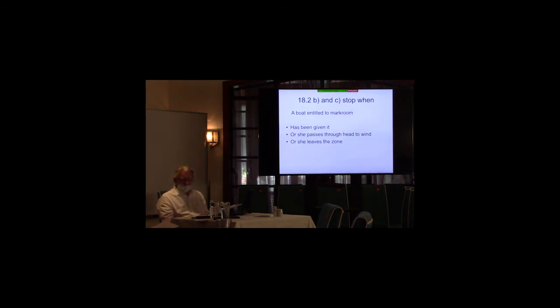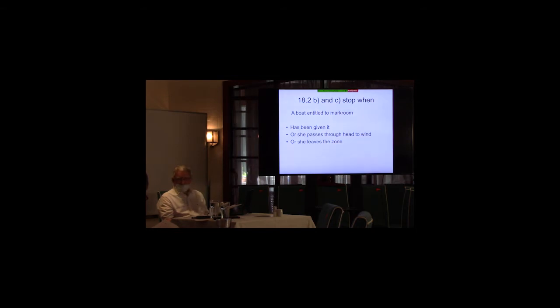Now there are a couple of other rules which are quite important. 18.2e says a lot of things, but what it means is that if there's doubt about whether there was an overlap or not as the boats enter the zone, then you go back to the previous position of certainty.